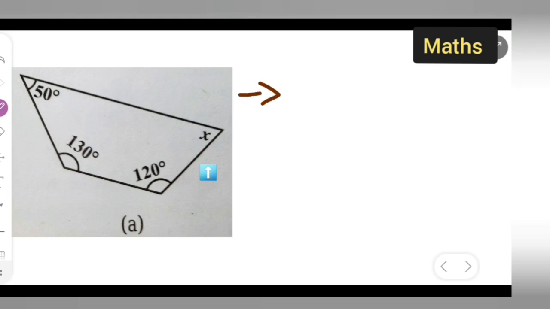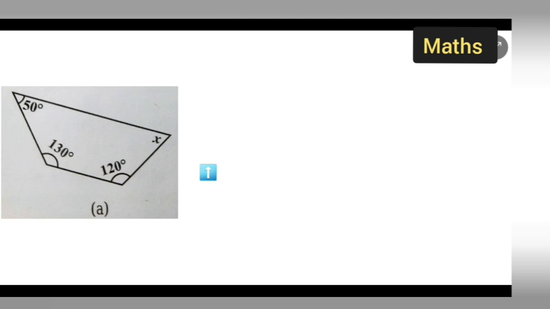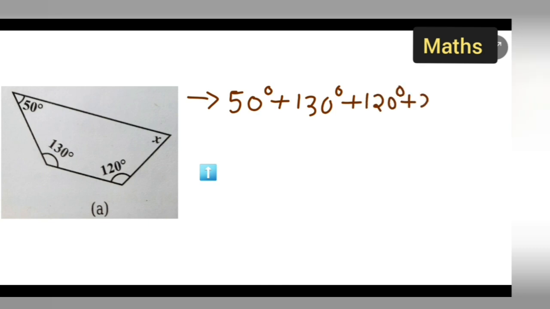So what we need to do is add all this. There is no place here, so let me start here. So the solution I will start here. We need to add all the interior angles: 50 degree plus 130 degree plus 120 degree plus x is equal to 360 degree.